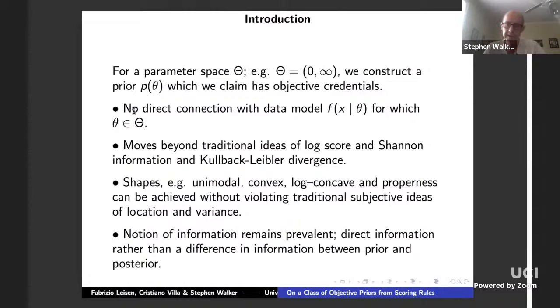So we're not connecting up the prior to the model. So if we have a theta space, the prior won't actually end up depending upon the F, the data model. Many Bayesian assessment ideas typically rely solely on notions of log score, Shannon information, Kullback-Leibler divergence.